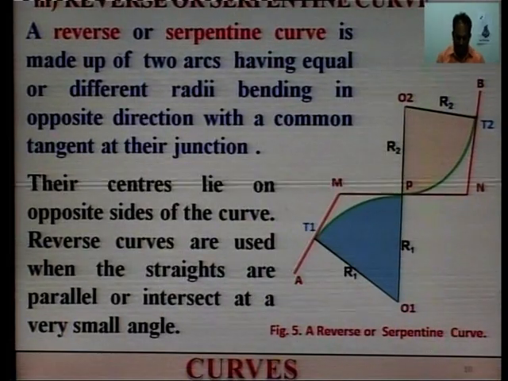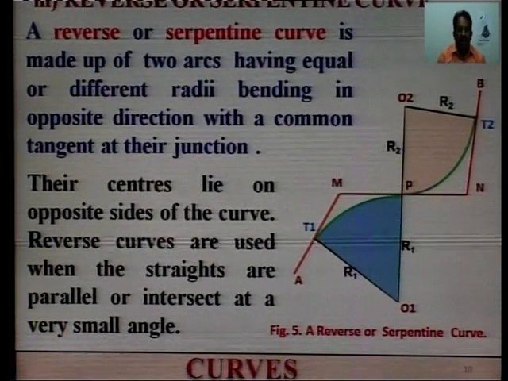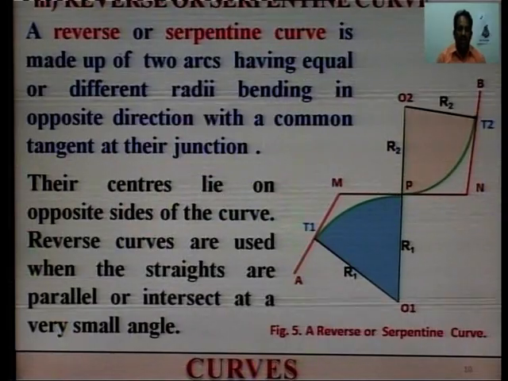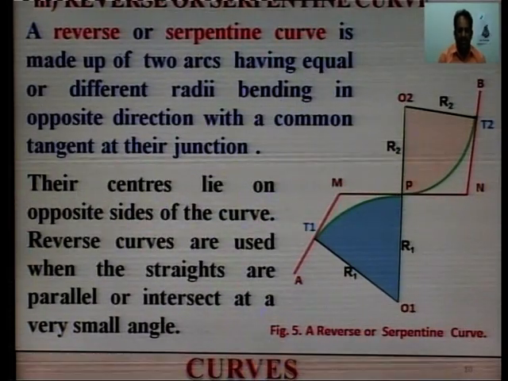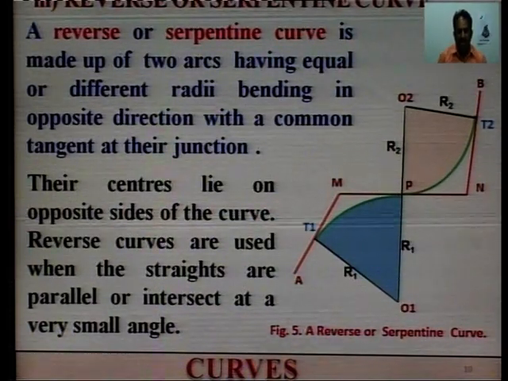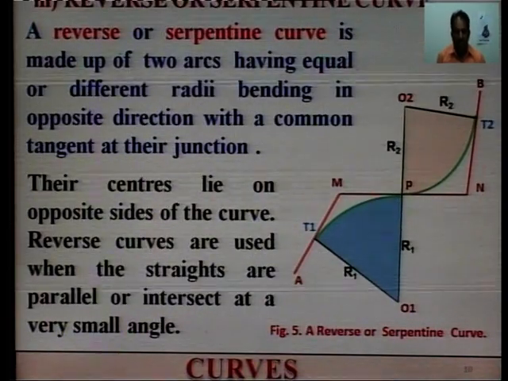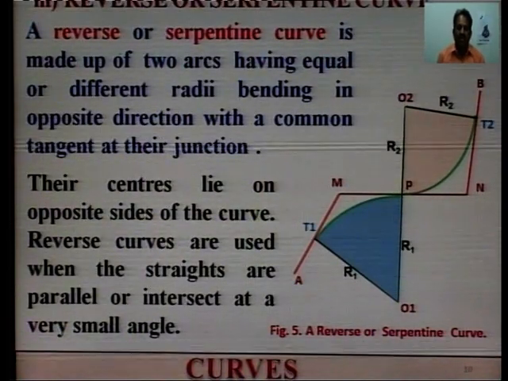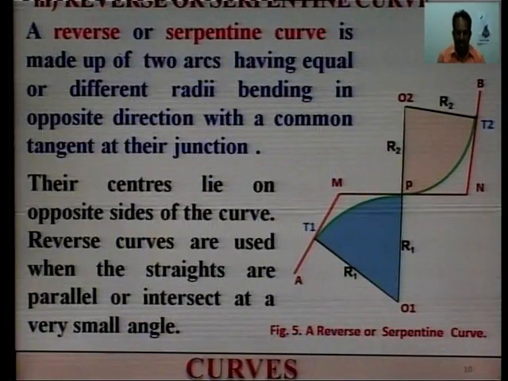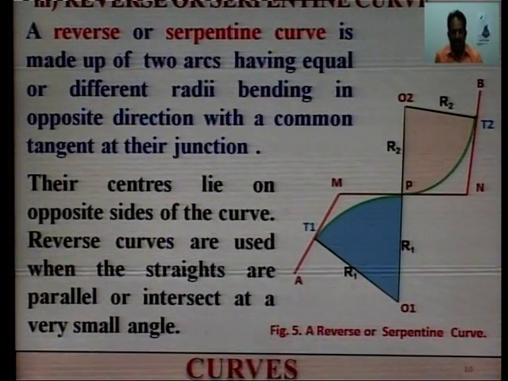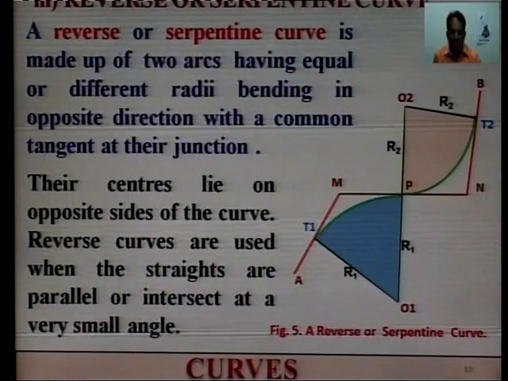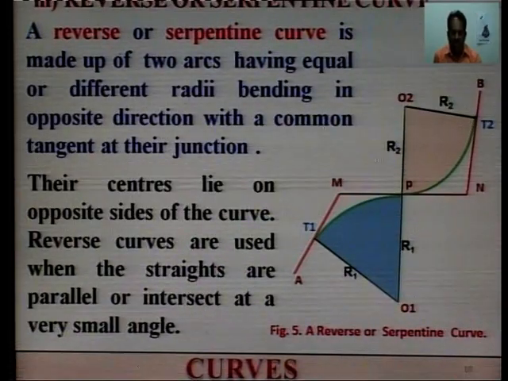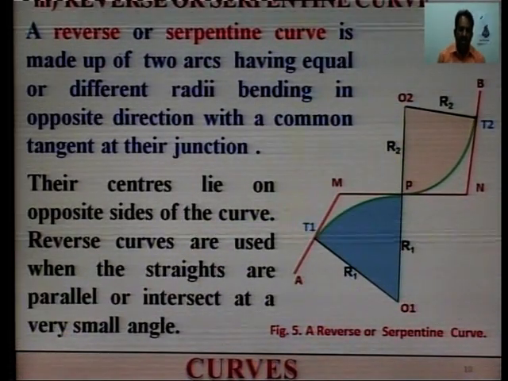So, the third one is a reverse curve or a serpentine curve. As is shown on your screen, a serpentine curve is just like the movement of a snake. So, it is called a serpentine curve.